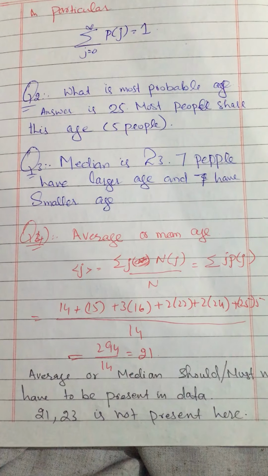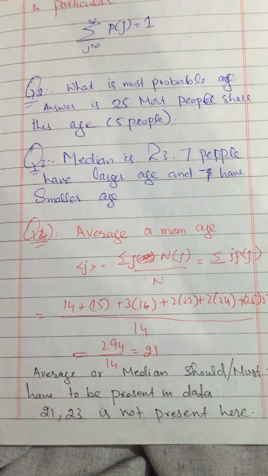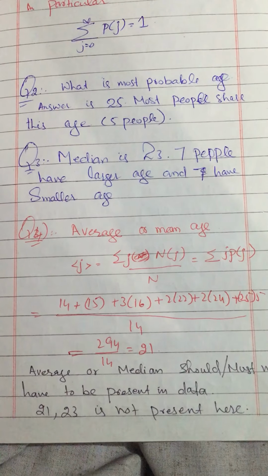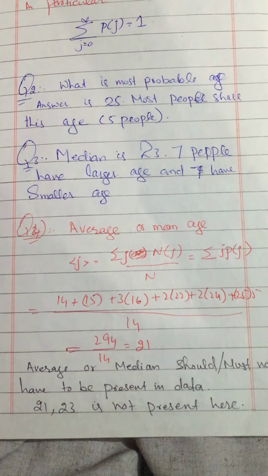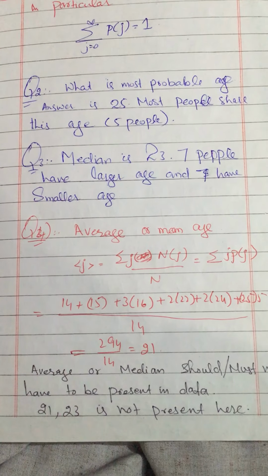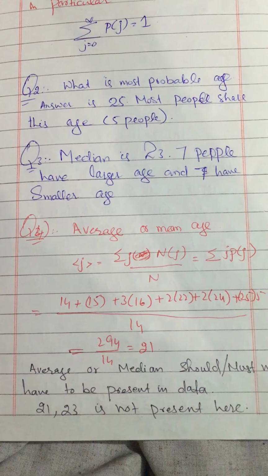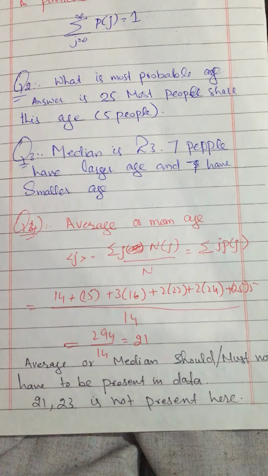Now the third question is: what is the median? The median is 23. Median is the central point from which the higher ages and the lower ages are equal. So from 23 we have 7 people with higher ages, and 7 people with lower ages. That's why the median is 23.